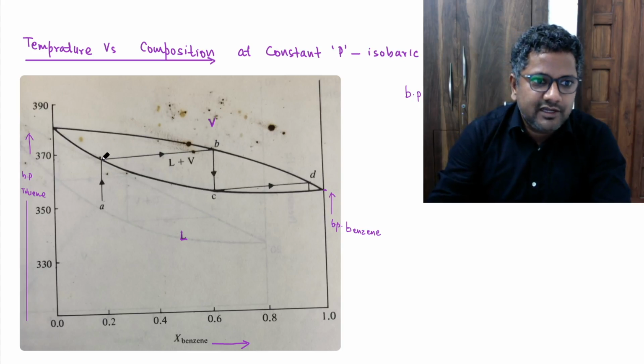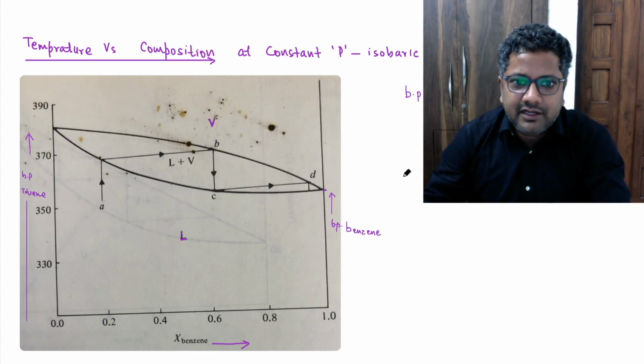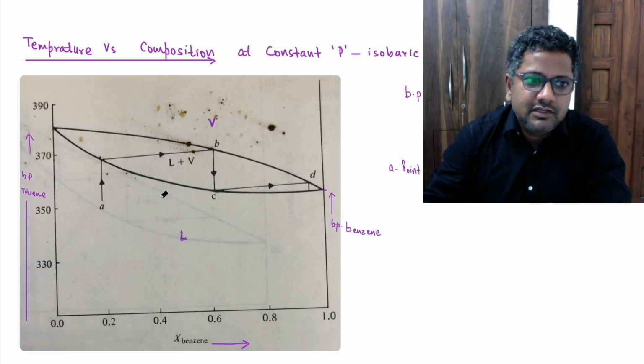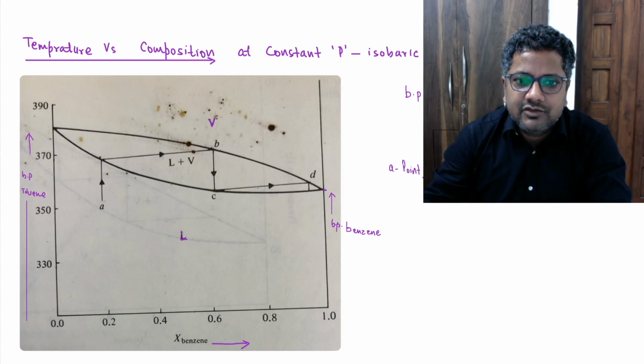See this point A. So this is a liquid phase. At A point, the mole fraction of benzene, X benzene is equal to 0.2. So X toluene is equal to 0.8.